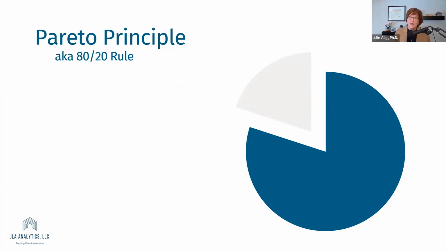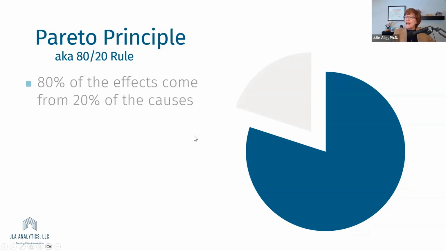It's called Pareto after an Italian economist, Vilfredo Pareto, who coined the 80-20 rule at the beginning of the 20th century, where he found that 20% of the residents in Italy owned 80% of Italian land. So here we've got our nice pie chart. And basically, again, is it always 80-20? No, not really.